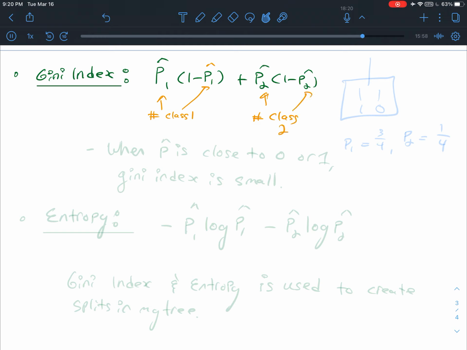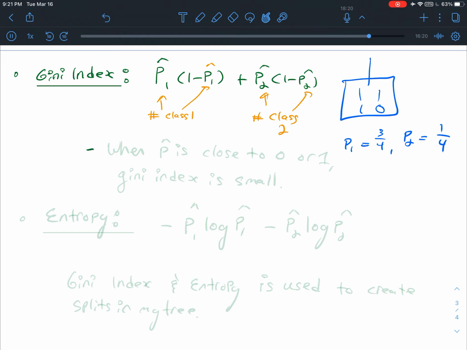And remember, these are for each of those little buckets at the end of the tree, right? So this is like 1, 1, 1, 0. That would mean that P1 is equal to 3 over 4, and P2 is equal to 1 over 4, right? Easy enough. And this Gini index is just a little more sensitive.